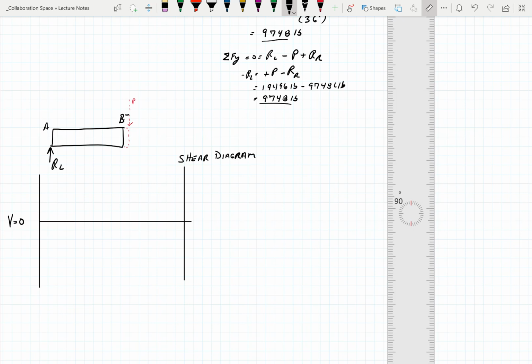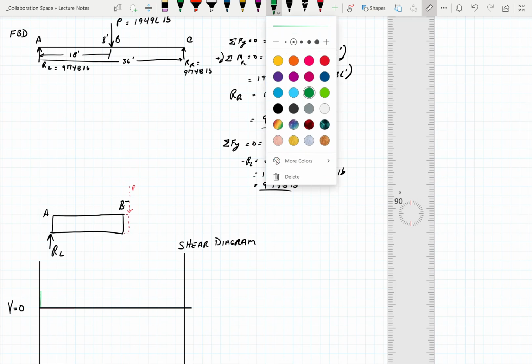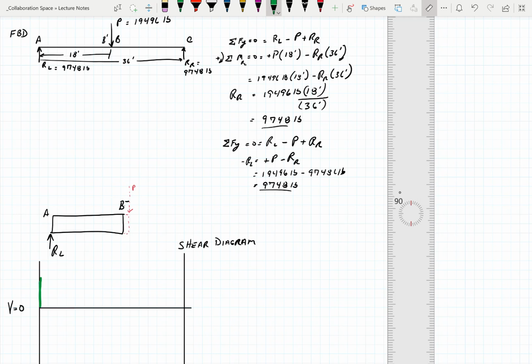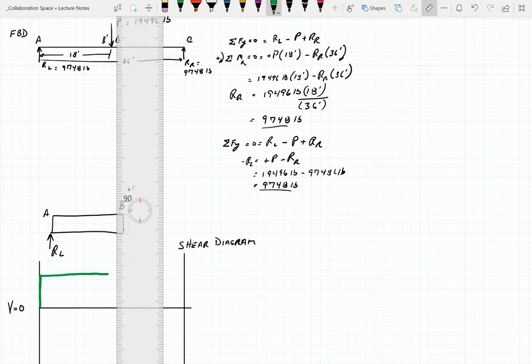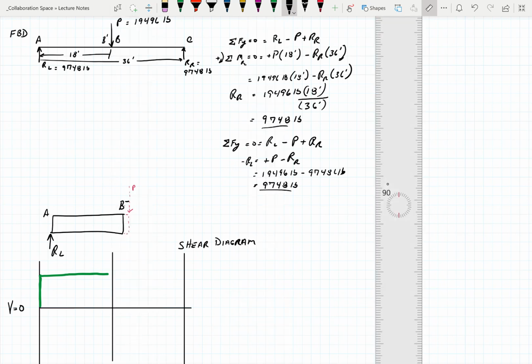Okay, so we start at 0. At point A, here, we go up. No, let's make that bolder. We go up, and then we go over until we are here, okay?